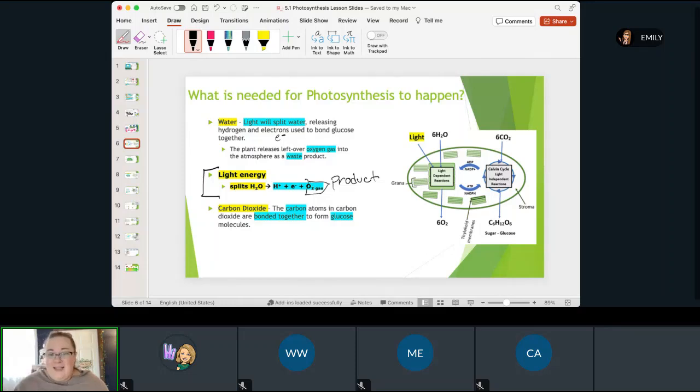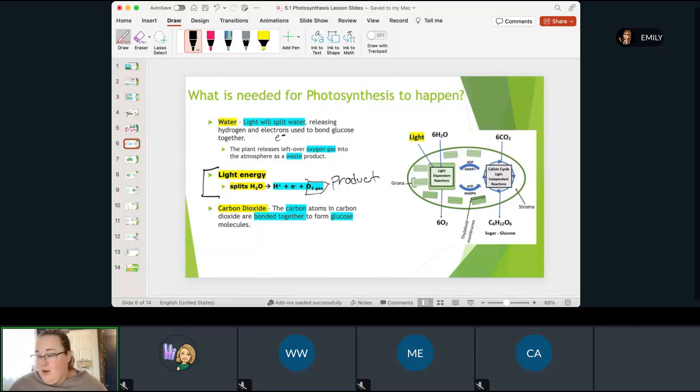Carbon dioxide is needed because of the carbon atoms. Remember how we talked about carbon being the backbone of all of your biomolecules? We need the carbon from the carbon dioxide to make our glucose molecule.